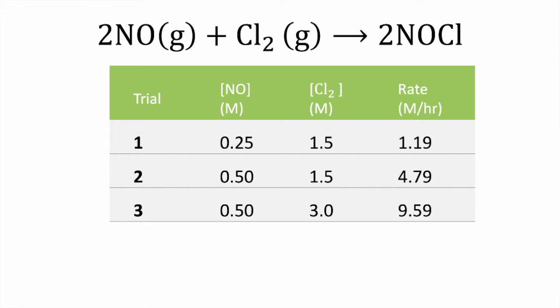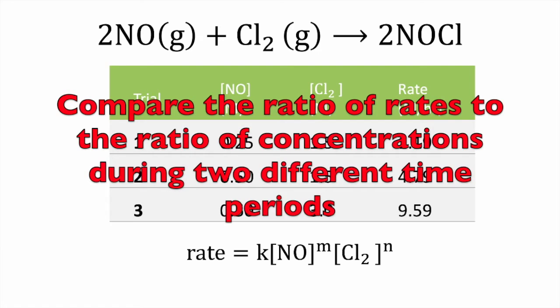Now, we know our rate law is going to have the form rate equals k, with the concentration of nitrogen monoxide taken to the m power and the concentration of chlorine taken to the n power. There are 2 ways we can do this. The first one is to compare the ratio of rates to the ratio of concentrations during 2 different trials.